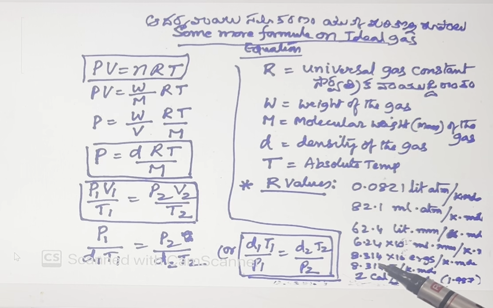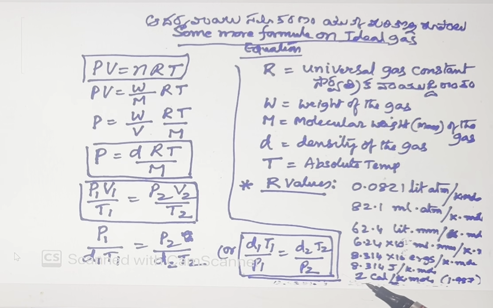So, whenever any energy equation has R values, in CGS you have to use the erg R value. In MKS or SI unit system, you have to use 8.314 joules.